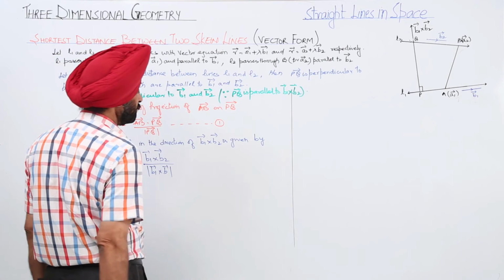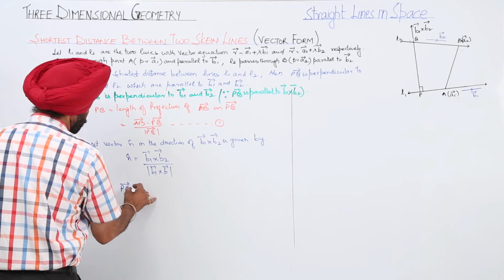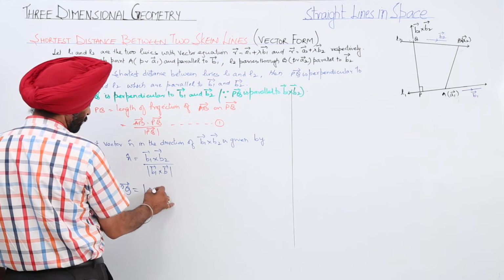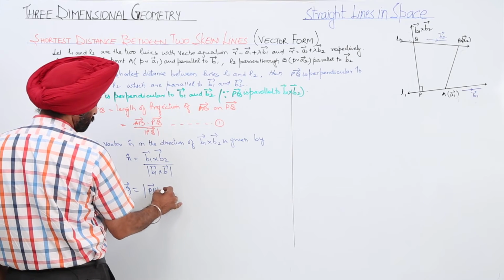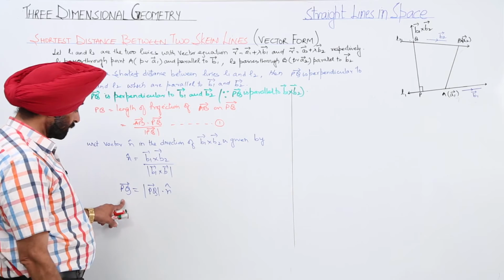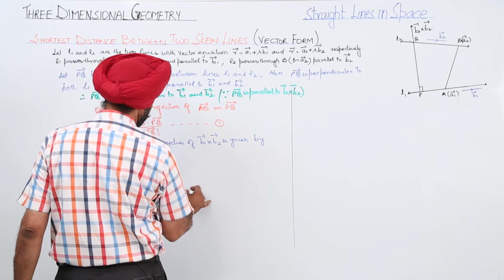So now vector PQ we can write as magnitude of vector PQ dot n cap. Is it clear? So vector PQ we can write as magnitude of vector PQ times n cap. Let this be 2.